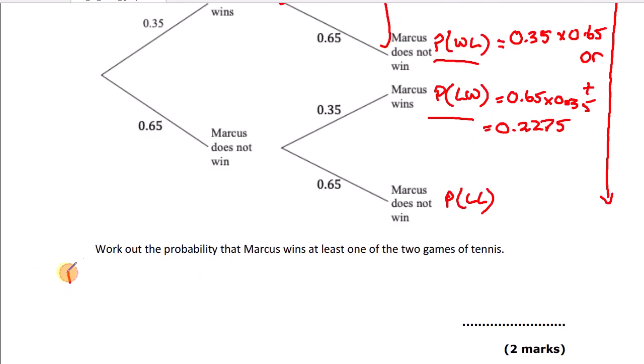If you add all of these three together, so the probability of a win-win plus the probability of win-lose plus the probability of a lose-win, (0.35 times 0.35).